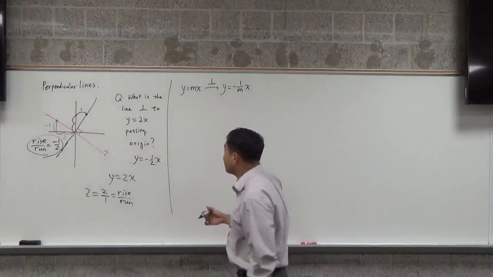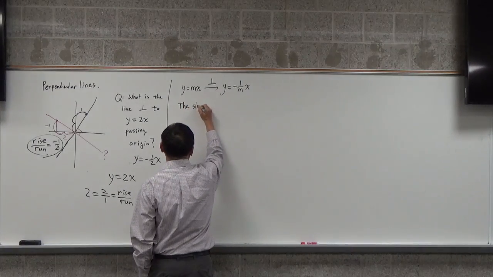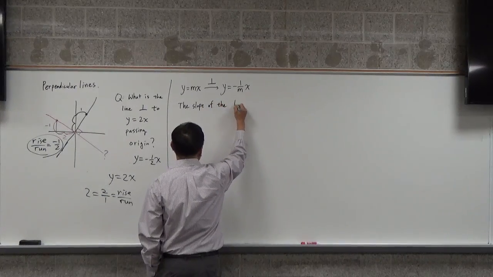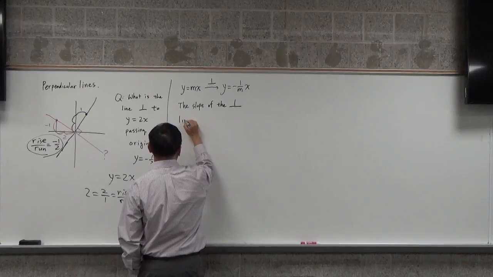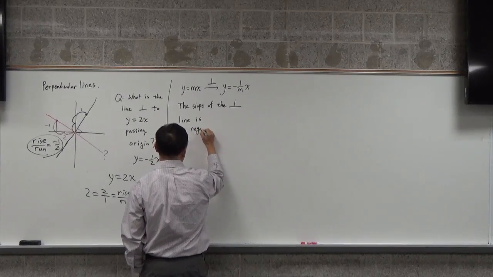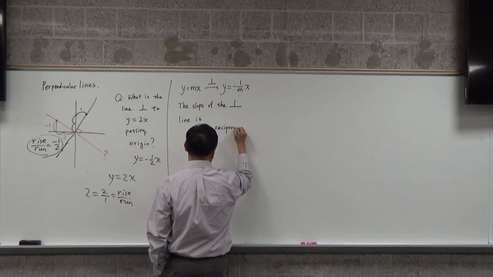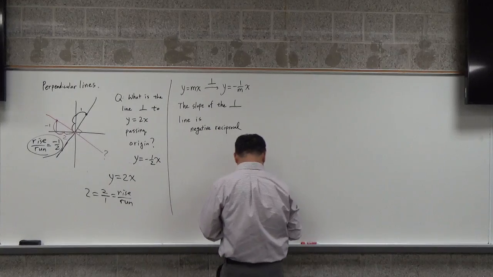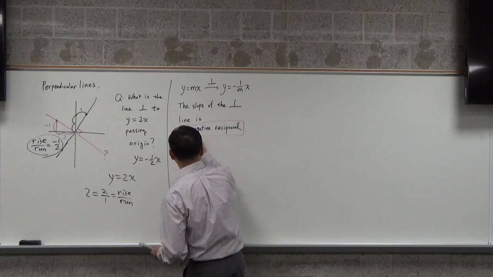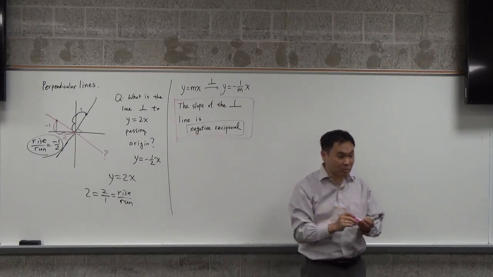Another way to put it is, the slope of the perpendicular line is the negative reciprocal. Okay? Negative reciprocal. That's the key. That's what I'm trying to say.